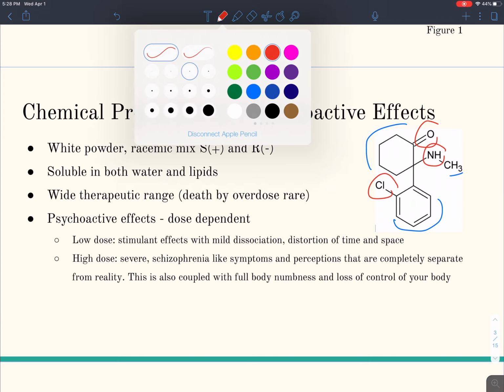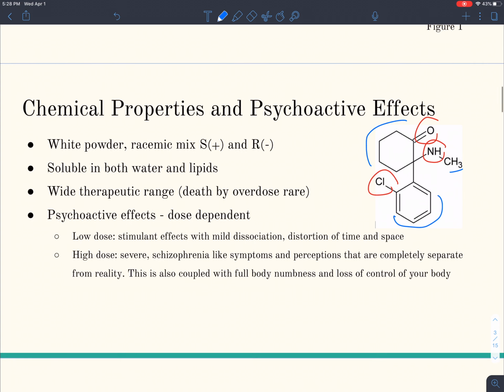It has a wide therapeutic range, and death by overdose is rare and mostly just associated with using it with other things that depress the central nervous system, like alcohol or benzos or opioids, because it acts on the central nervous system. That combination can be fatal. But if you're using it therapeutically, it's very safe.